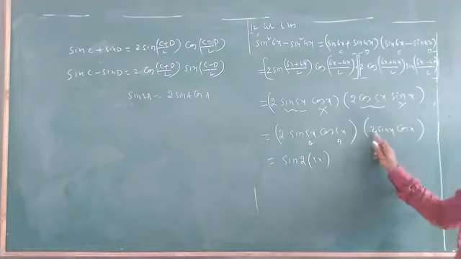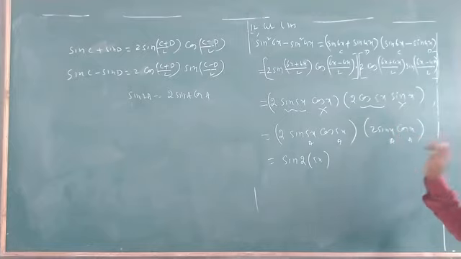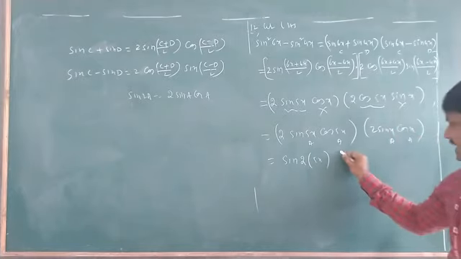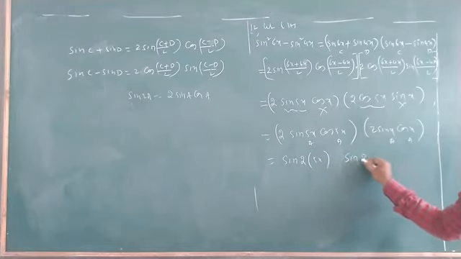Understand? Here also 2 sin a cos a, where a means x. So here also the same: 2 sin a cos a means sin 2a, where a means x.